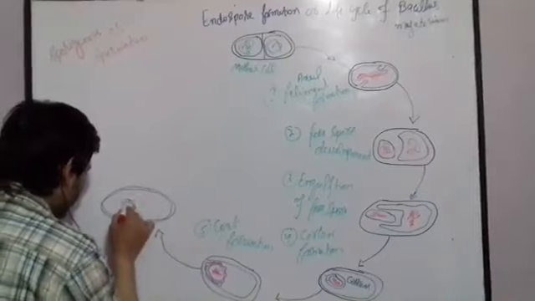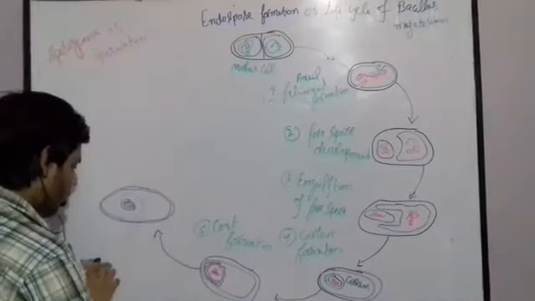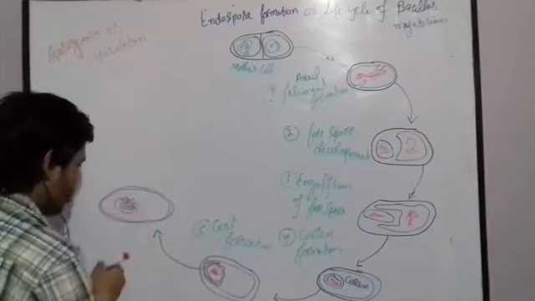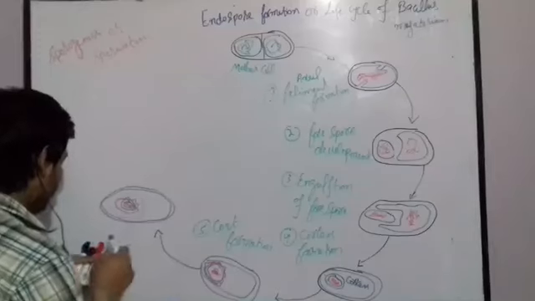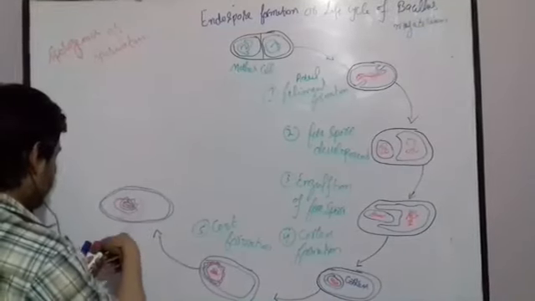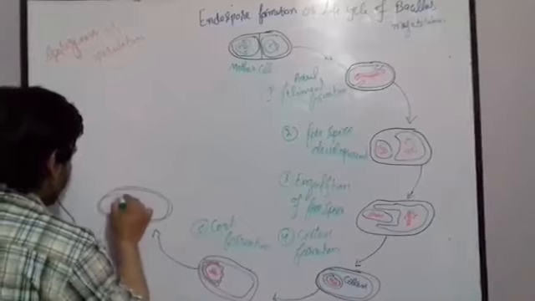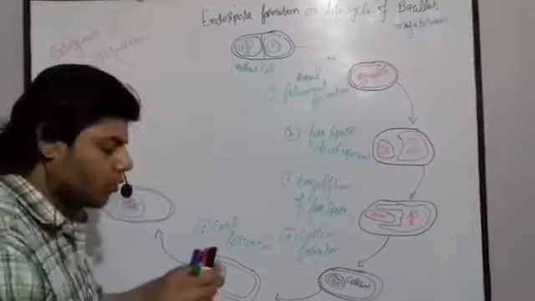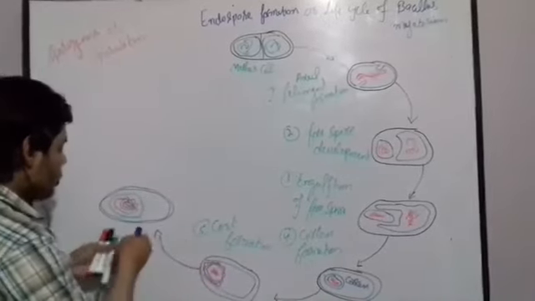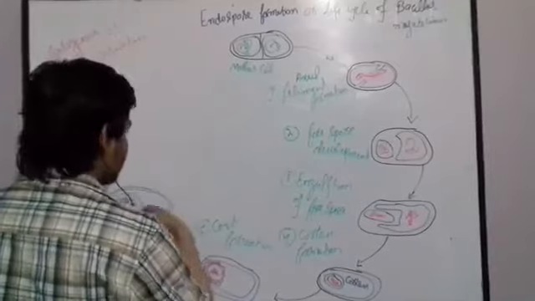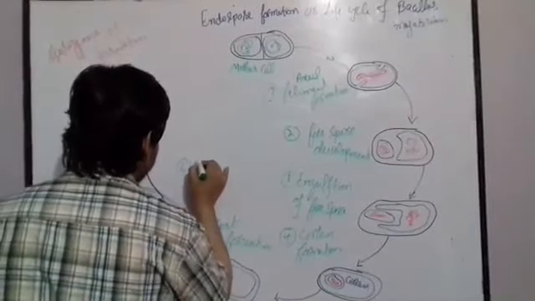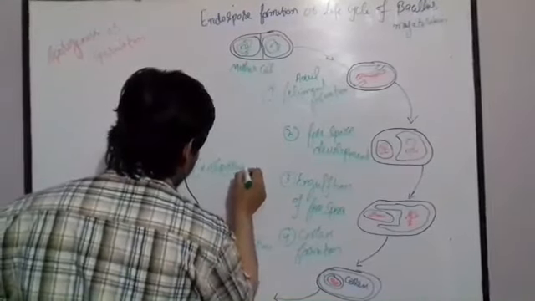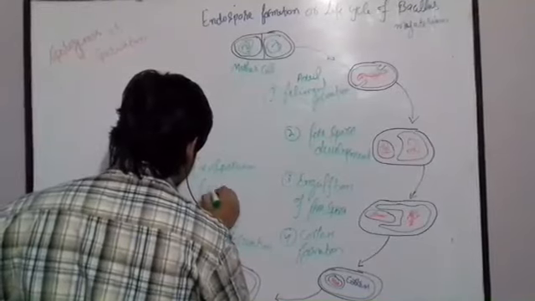Here is the genome, and after that we have the spore coat, and then at the end we have this structure, which we call the exosporium. This is another layer which we call the exosporium. So this is the sixth step. In the sixth step, we get exosporium formation.